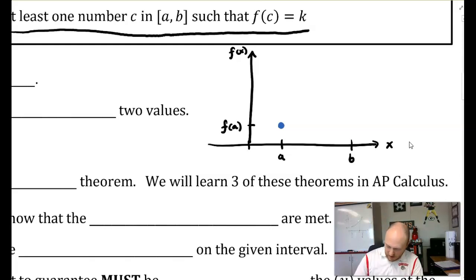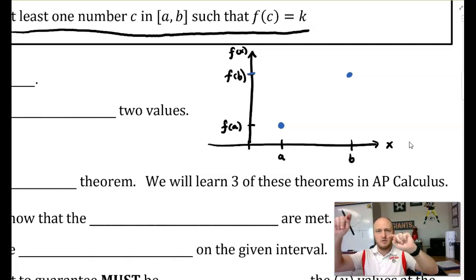And then I have a point up here for b. Here's b, and let's call this f of b. So 2 x values, when you plug them into a function, spit out 2 y values.